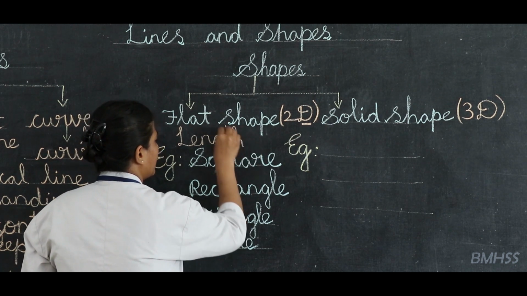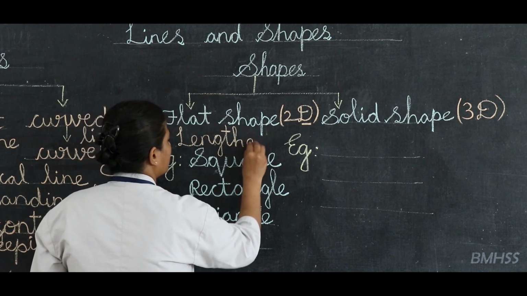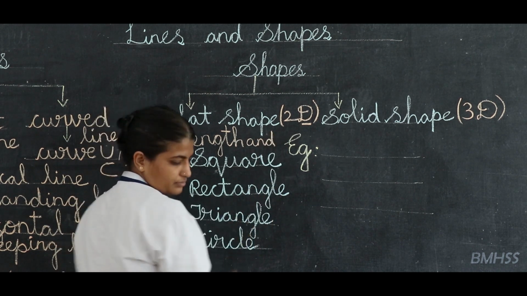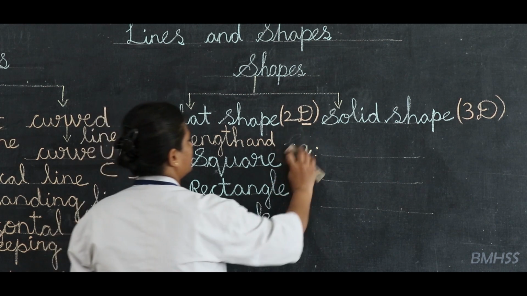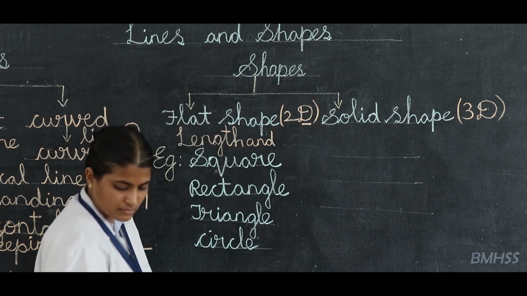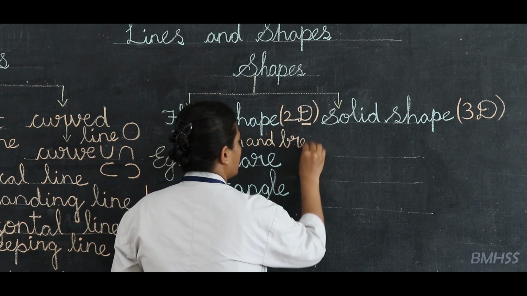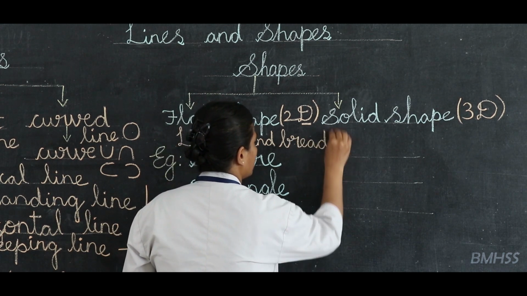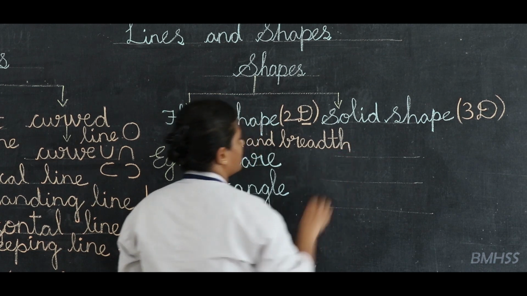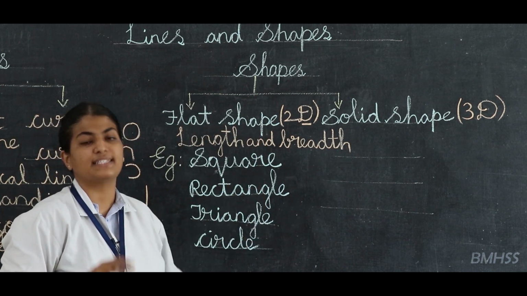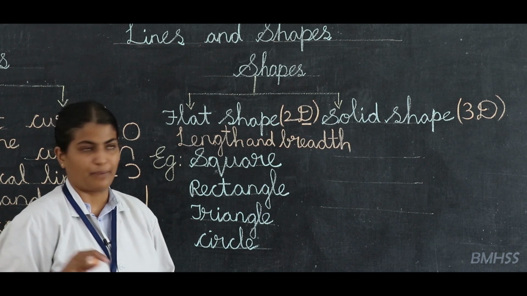So when a shape has only two dimensions, that is length, L-E-N-G-T-H, length, and breadth, B-R-E-A-D-T-H. So when you have length and breadth alone, that shape is known as 2D shape or flat shape.